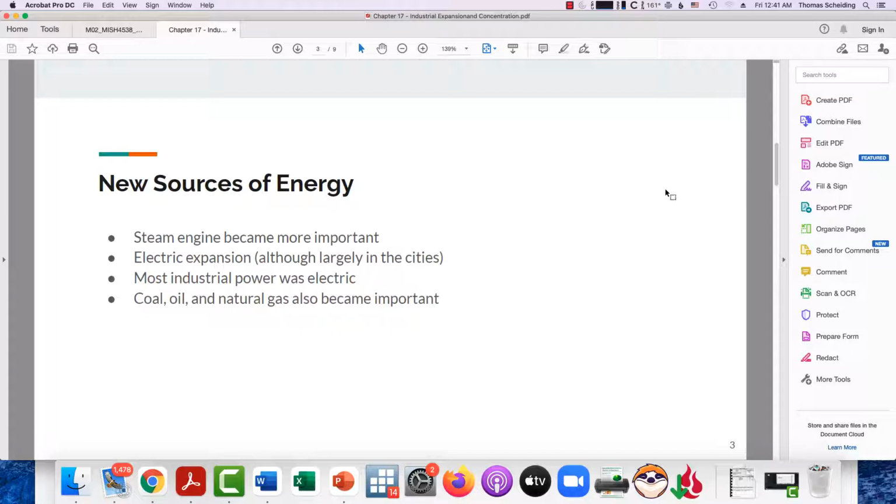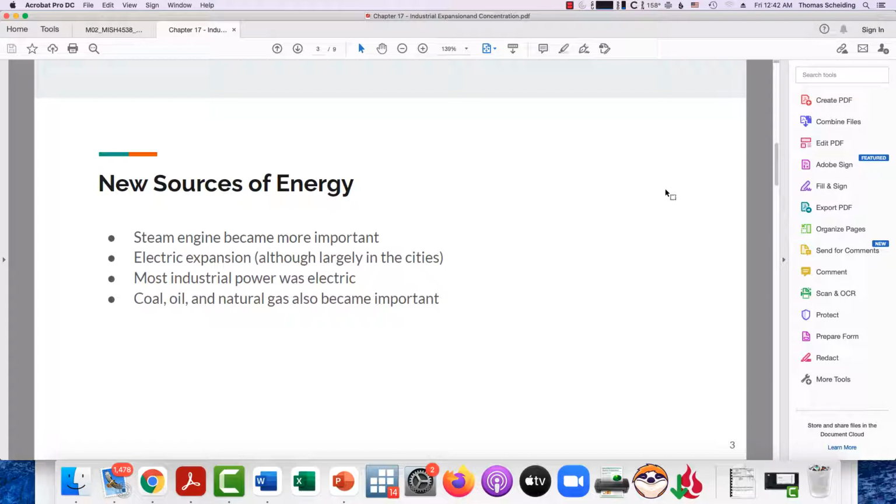These steam engines are also part of how electricity is generated. And that electrical system, which comes about in the 1880s and especially the 1890s and 1900, largely in the urban areas, that electricity becomes the source of power within most businesses.